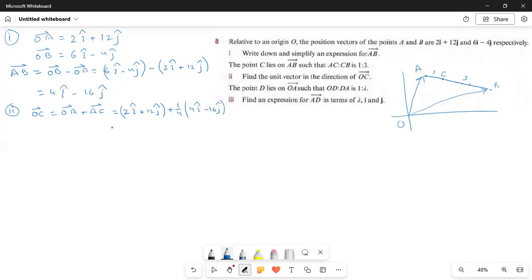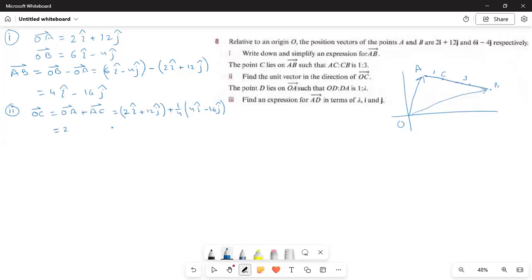If I divide AB into 4 parts, then AC is 1 part, and CB was 3 parts. So AC is 1/4 of the AB.